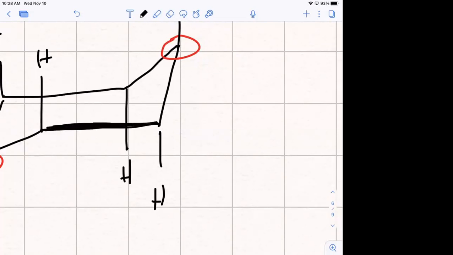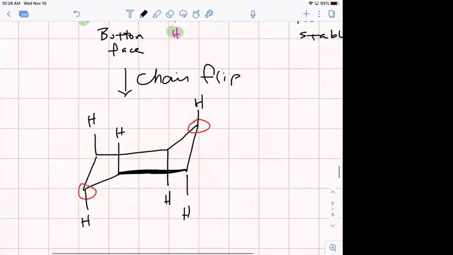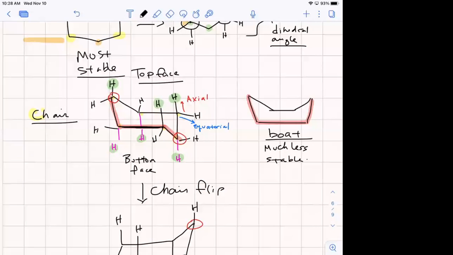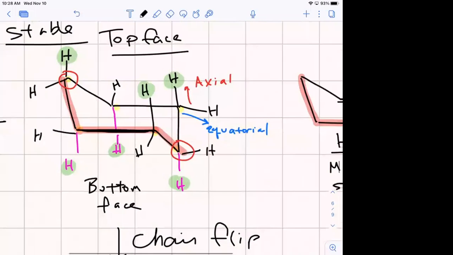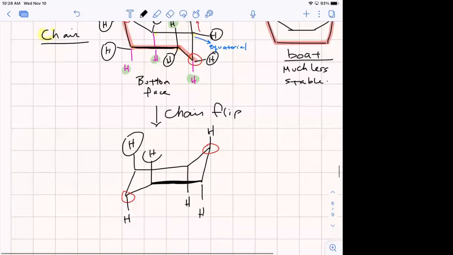Let me make that a little bolder. And then here. So all those equatorial hydrogens that were in black on the top molecule, right here, here, all of those are now axial when I do the ring flip.